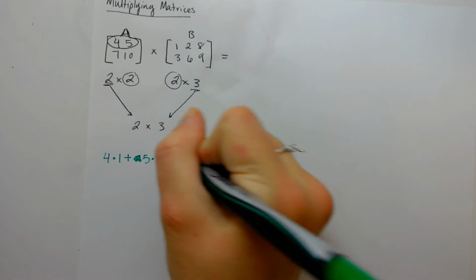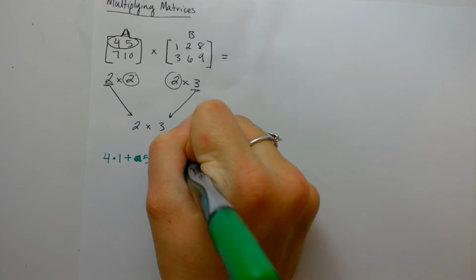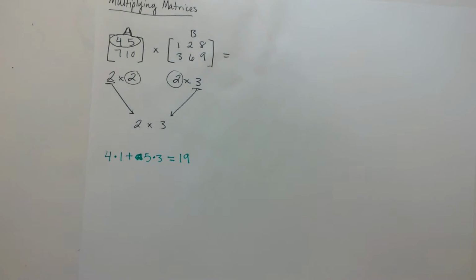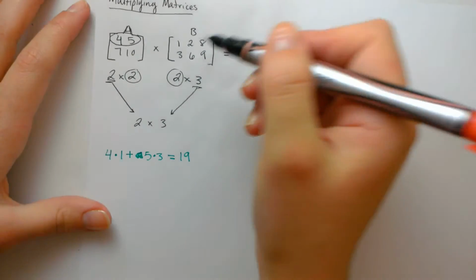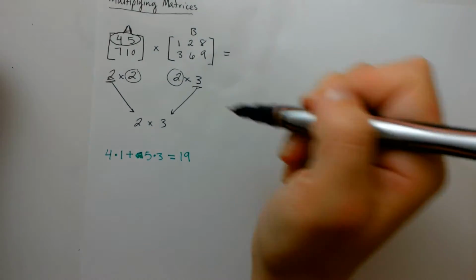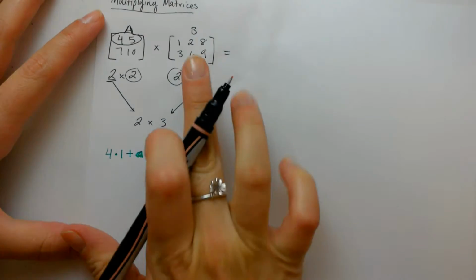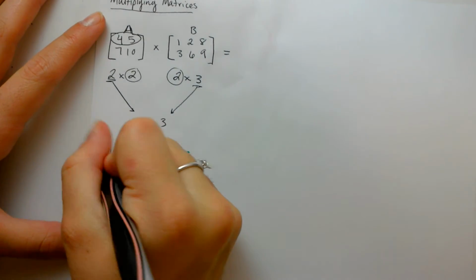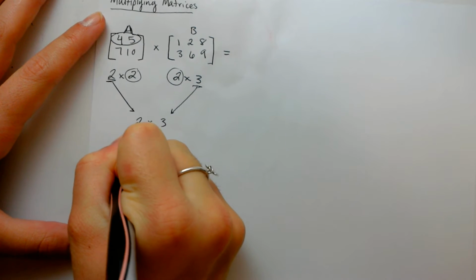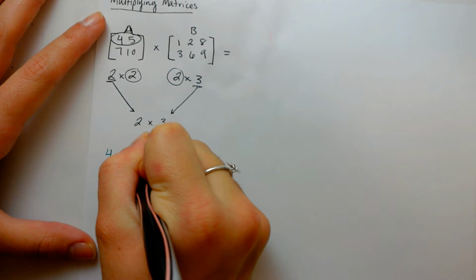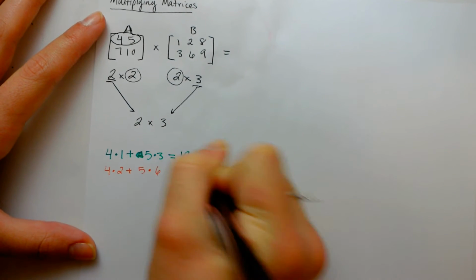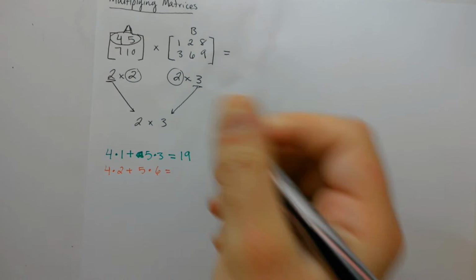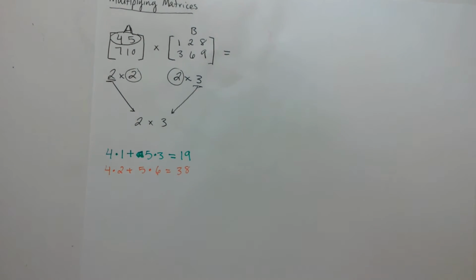That's going to give you the value of 19. The next step is you're going to ignore 1 over 3 for a little bit and focus on your 2 and 6. So you have 4 times 2 plus 5 times 6, and that gives you the value of 38.